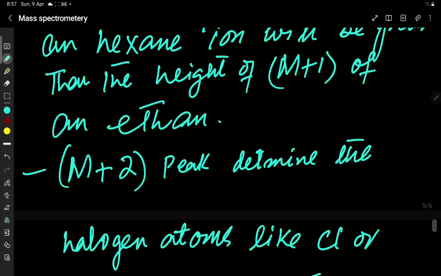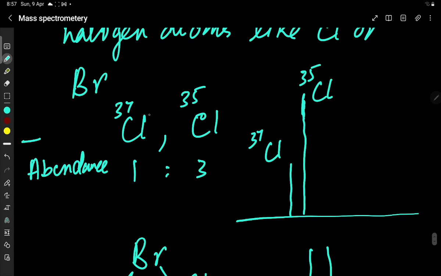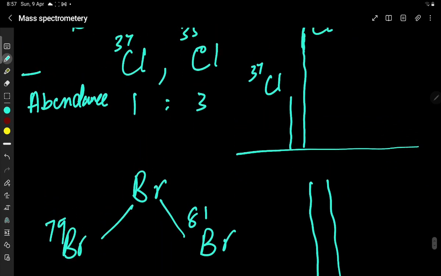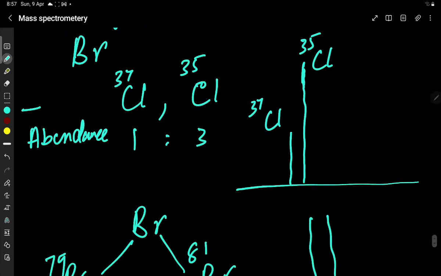And why is it M plus 2? Because the mass difference between the two isotopes is 2, so that's why this peak is M plus 2. If M plus 2 is there on the mass spectrum, the molecule contains a halogen atom.